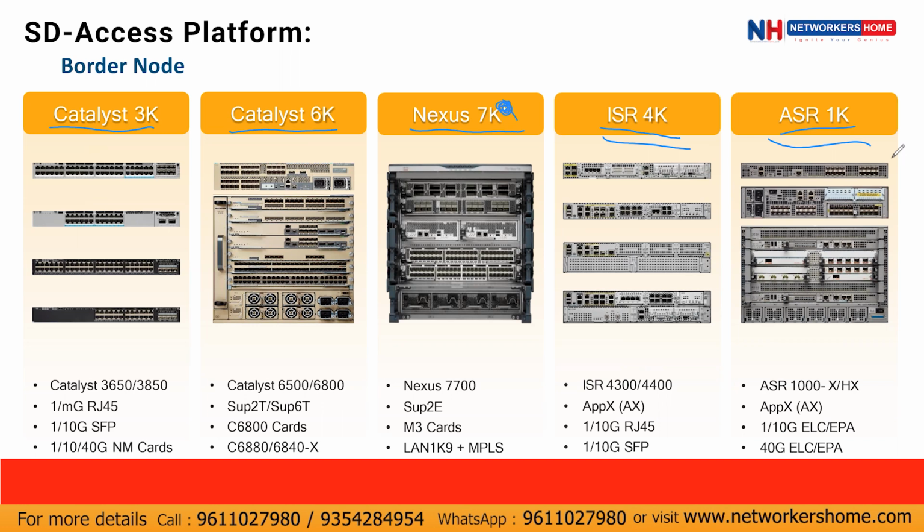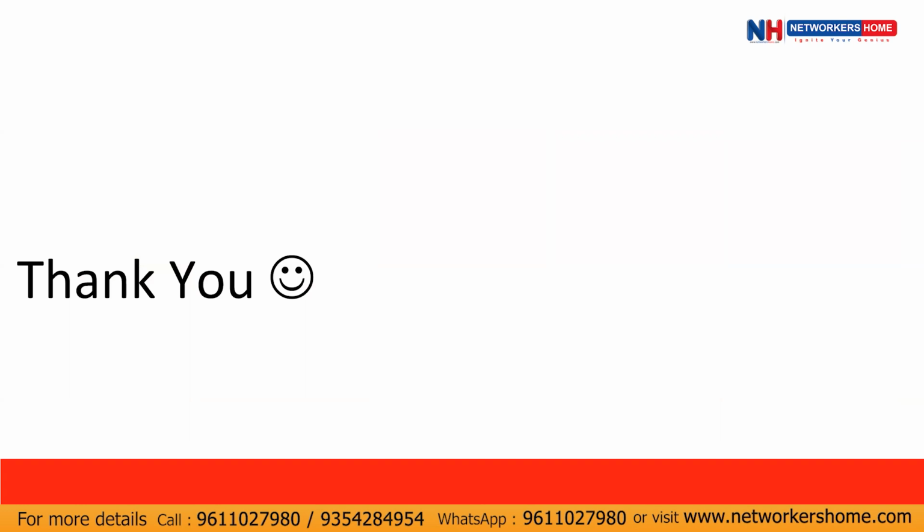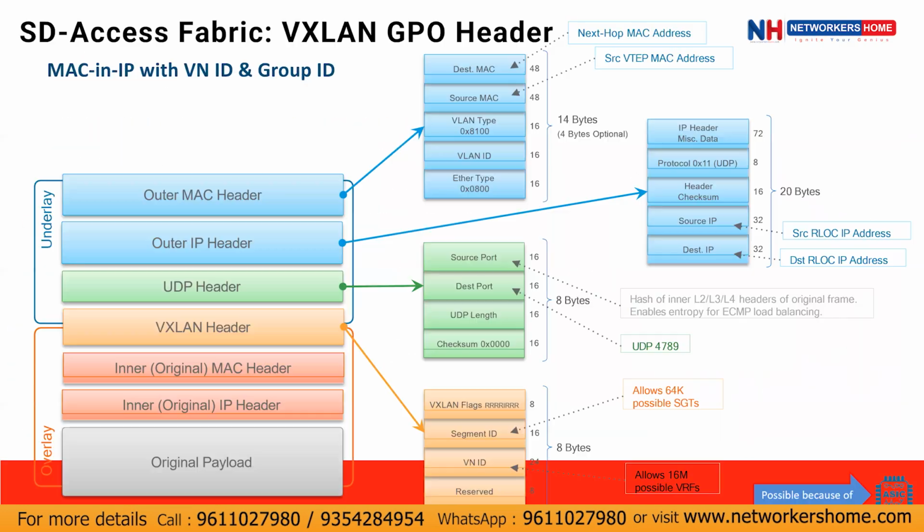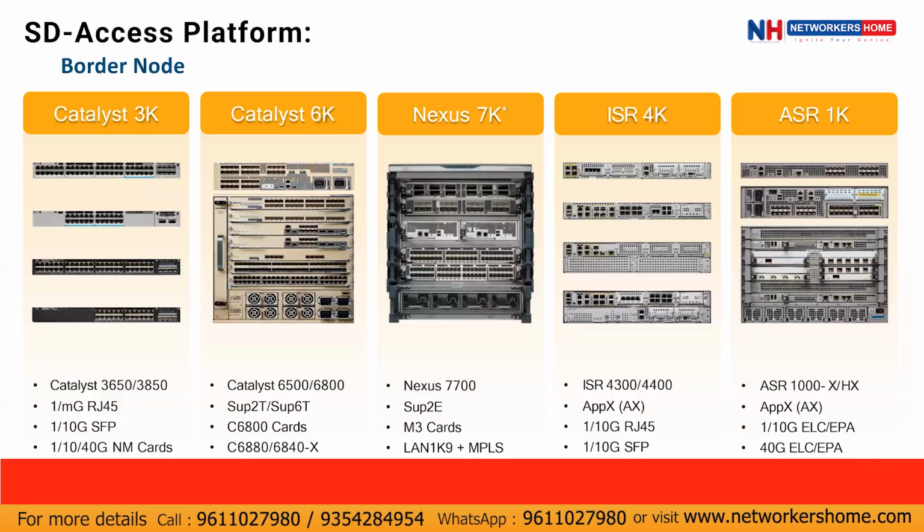If you go to Cisco's website, you can read more about these specific devices in detail, the new ones and the old existing ones. I'm sorry, I went directly to the last slide.